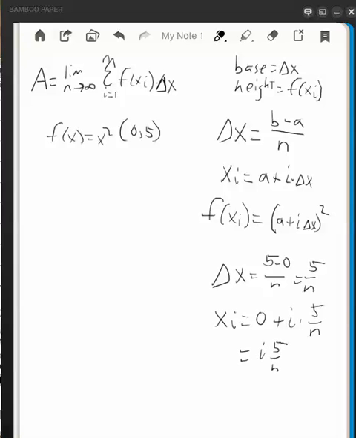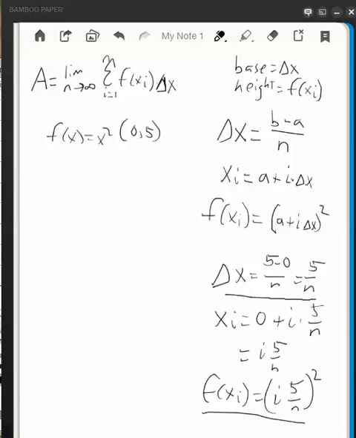Obviously, the 0 doesn't really matter. So my f of x sub i is going to be i times 5 over n, squared.